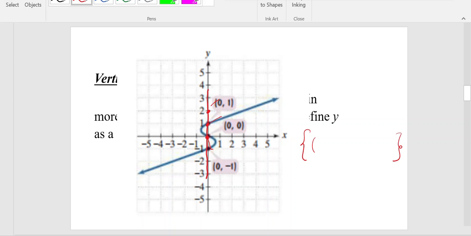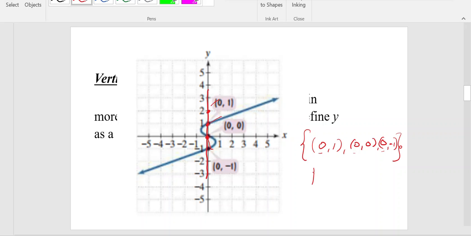In this example, the ordered pairs are (0, 1), (0, 0), and (0, -1). Okay, so remember that to test a function, we looked at their first components. And if the first components appear more than once, then that is not a function.